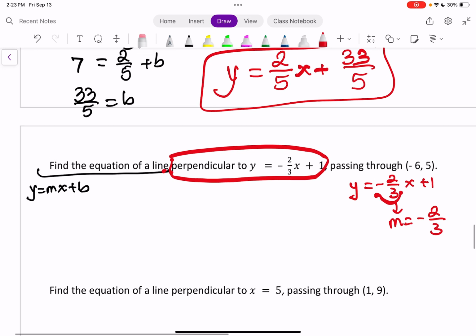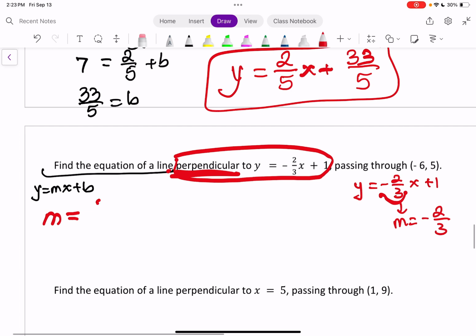The fact that my lines are perpendicular means that the line I'm looking for has to have the opposite reciprocal slope. So opposite means positive. Reciprocal means flip 2/3 to 3/2. Good. And now I need the b. To find the b, I need to use the x and the y's given.